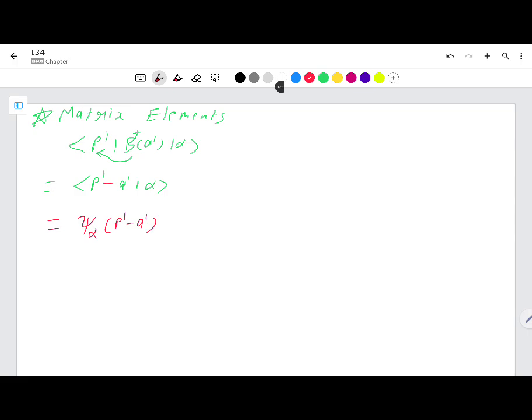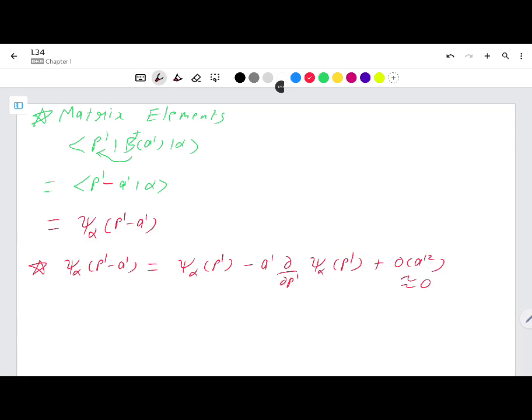Okay, so when we do the Taylor expansion of a function like this, what do we get? Psi alpha P prime minus A prime del by del P prime of psi alpha P prime plus terms of A prime squared, which we are ignoring for the time being.